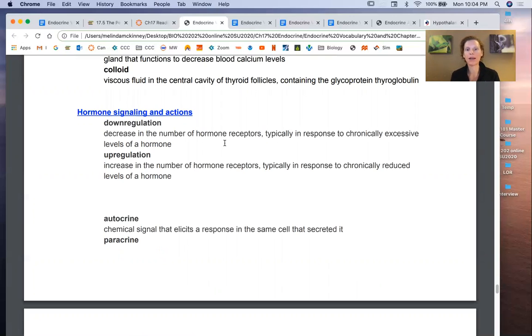Once that happens, the hormone that is stimulating that increase in sodium is going to be more abundant. Once that increases, then there's going to be a counter effect that's going to shut down the sodium in the blood. So that's called negative feedback, and that's the most common method of regulation in the body.